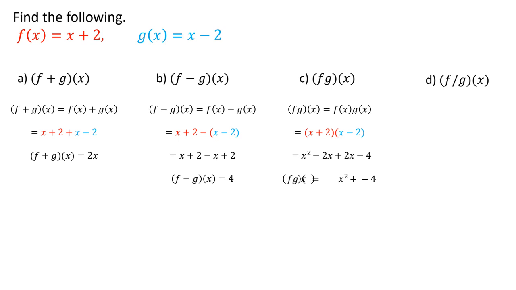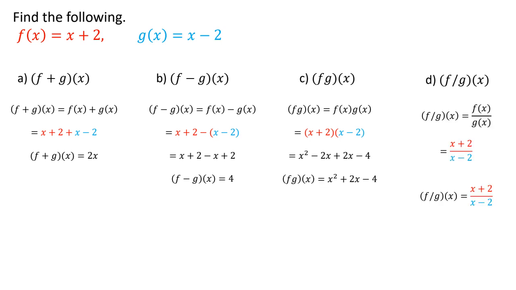Now the 2 times x is a plus 2x, and the 2 times a minus 2 is a negative 4. Let's go ahead and combine my like terms. So minus 2x plus 2x cancels, it's 0, leaving me with just x squared minus 4, and I can simplify that. That's just x squared minus 4.